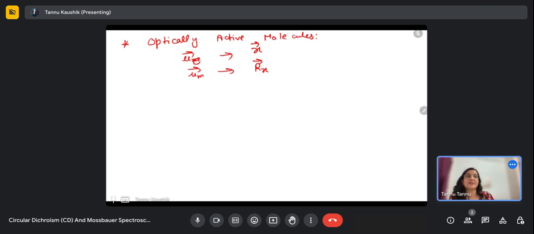If we look into the point groups and symmetry we have already studied, the optically active molecules we call Cn and Dn point groups. Only these point groups, Cn and Dn, have electric dipole moment and magnetic dipole moment active together, because their x and Rx, y and Ry, z and Rz are associated with a single irreducible representation. So I will be giving an example for that.